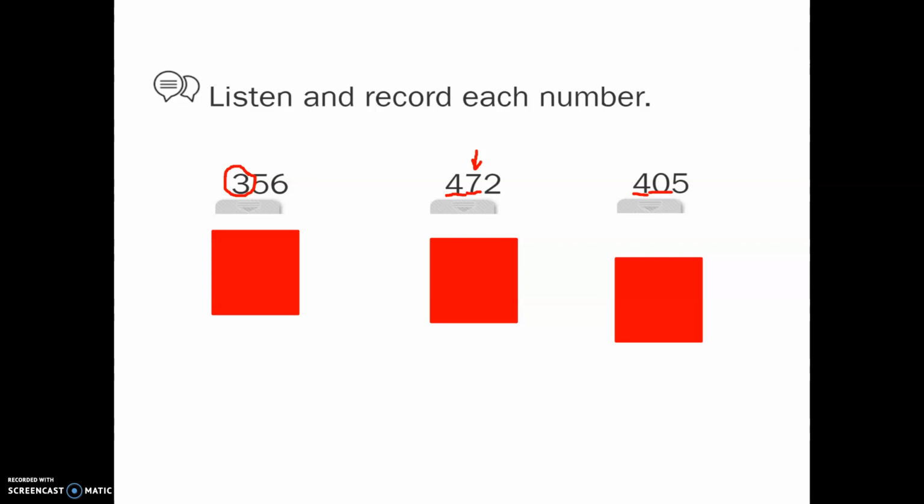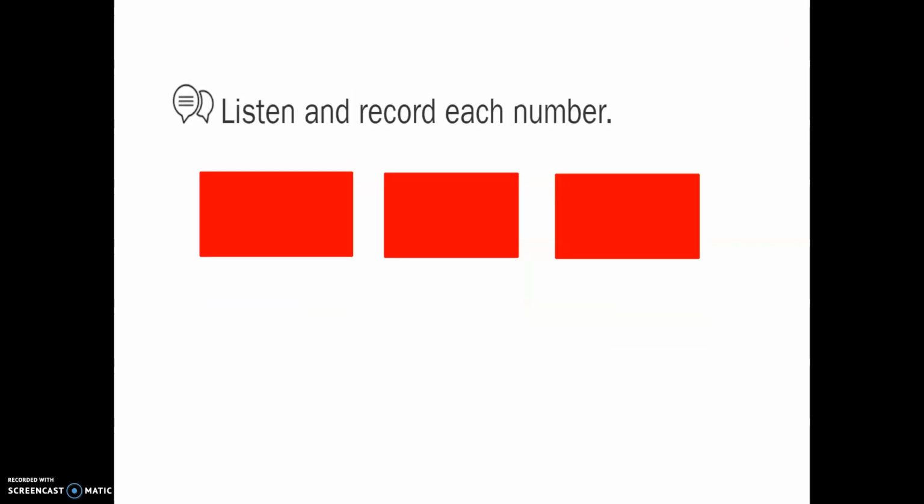Erase those numbers. I'm going to give you one last group of numbers to write down. Write down 1,452, 2,698, and 2,097.